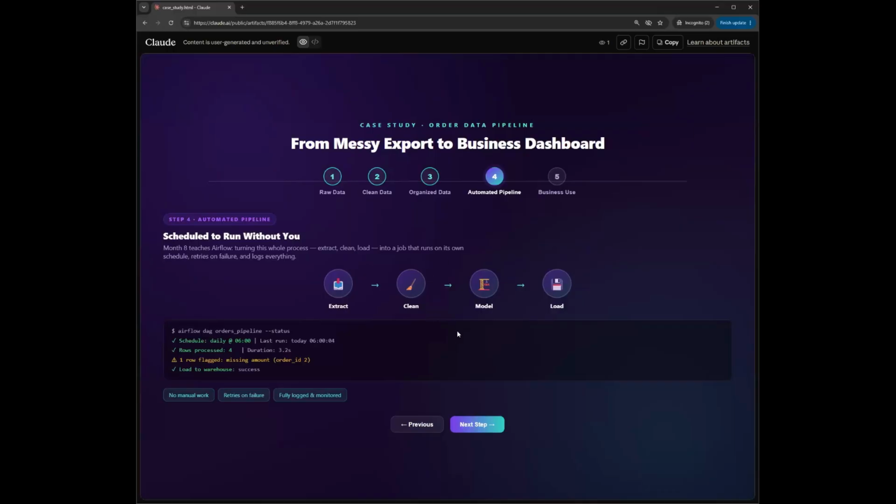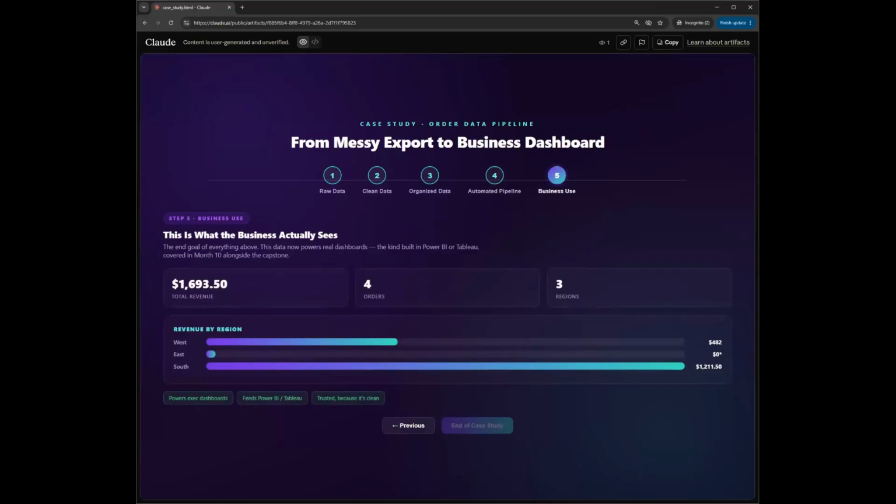And in the end, why do we do this? What is the purpose of this? Why are companies paying high salaries for these roles? It is to eventually have some monetary value out of it. Now we see what's on the screen: KPI cards, key performance indicator cards, and a revenue by region chart calculated from the same data that started out in month 1.